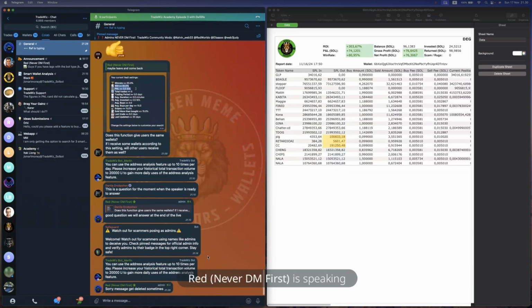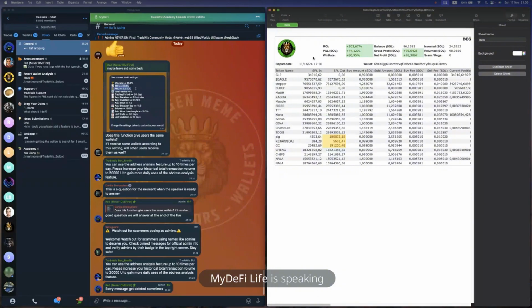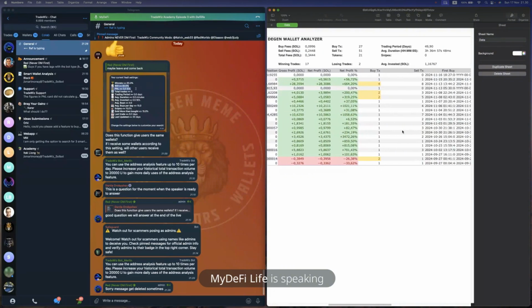Okay, you can go ahead. This is the wallet that I had that was 80% win rate, 300% ROI, and fairly good trades.